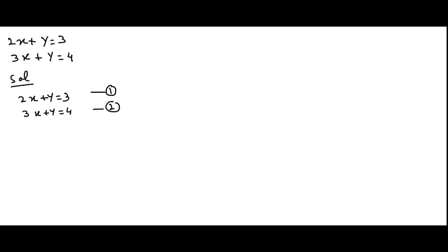Or, if we see the y variable in both, if we subtract, we will simply eliminate y. So the best option is that we first eliminate y by subtracting and then solve for x. So we are going to subtract these equations.